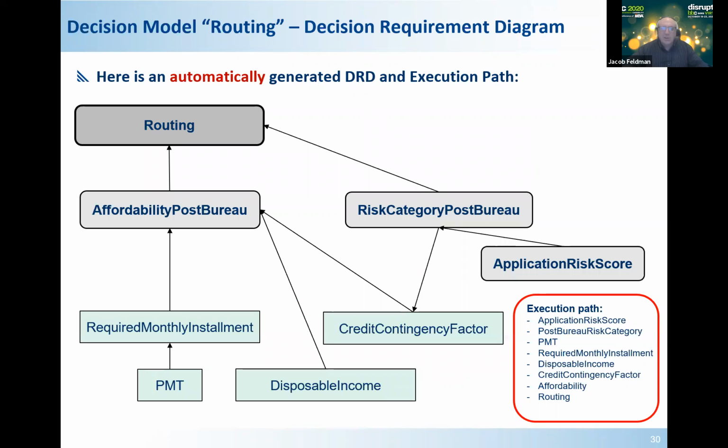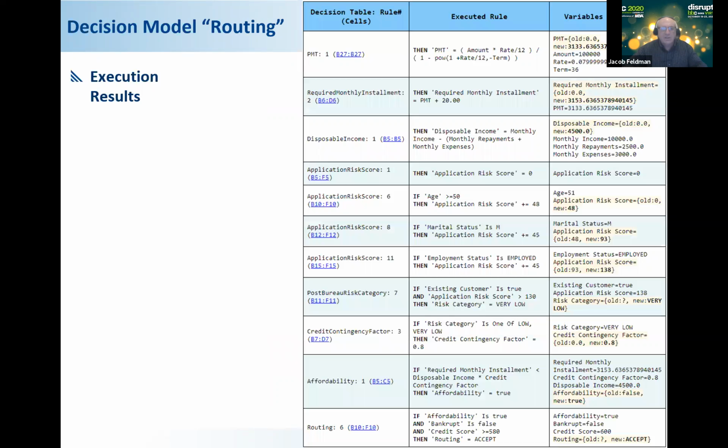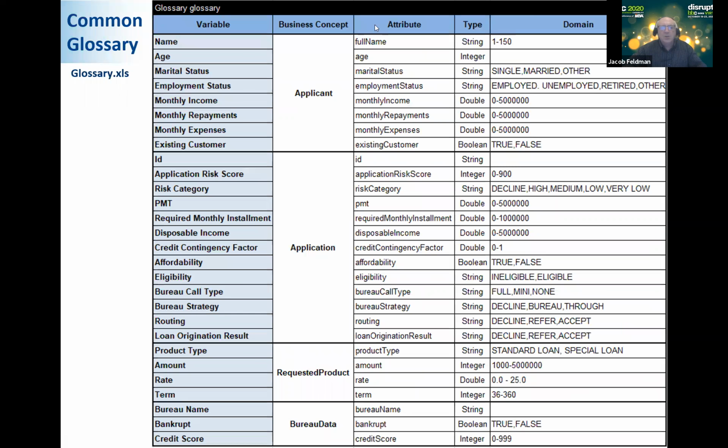Hopefully, it gives you the entire picture of how to develop libraries, but that's not everything. So we can execute routing, and now let's go back to our glossary. While we created our glossary, we accumulated all information from different tables. Applicant became much larger. Application now contains affordability, eligibility, and bureau strategy, and even the loan origination result, which we still did not calculate.